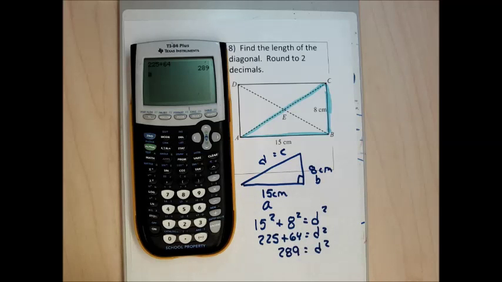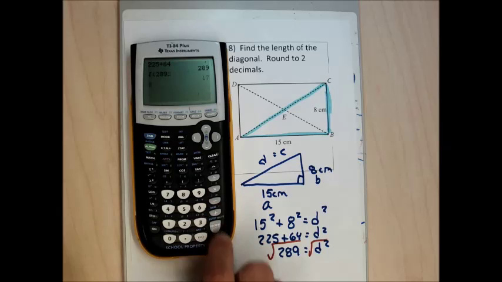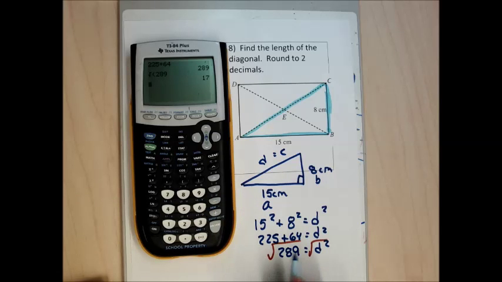So now I'm going to square root. I think that's 17. And even though my instructions say round to 2 decimals, I'm not going to need to show those 2 decimals because this is a perfect number. So my answer is going to be the diagonal, or D would be fine. And then 17 is the number, and my units are centimeters.